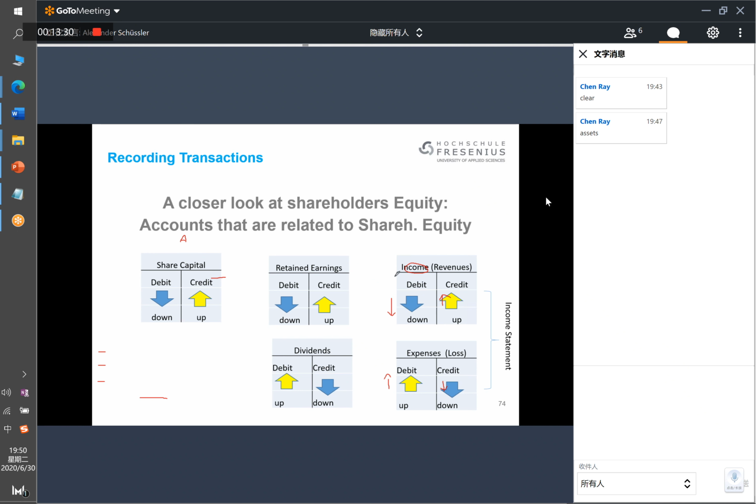That's the other way around than the normal equity account, and it makes sense because an expense is the opposite of revenue. Expenses decrease net income, revenues increase net income.